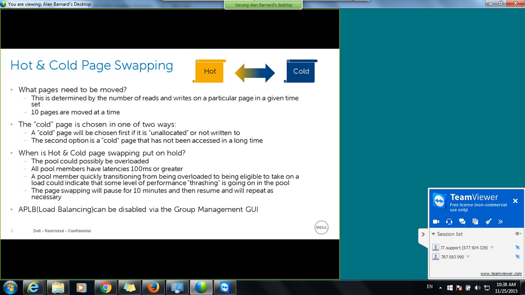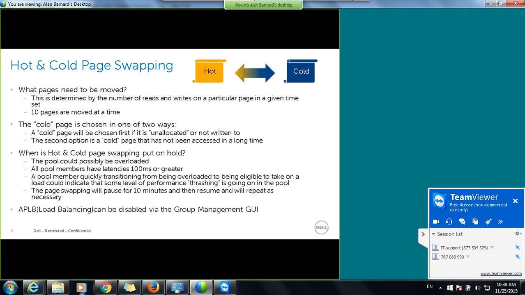So when is hot and cold page swapping put on hold? If, for example, you have an overloaded pool, the pool is very busy, then hot and cold page swapping will be put on hold. If you have pool members that have latency of 100 milliseconds or greater, that is the second cause.